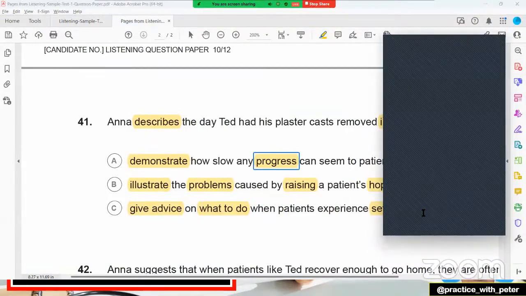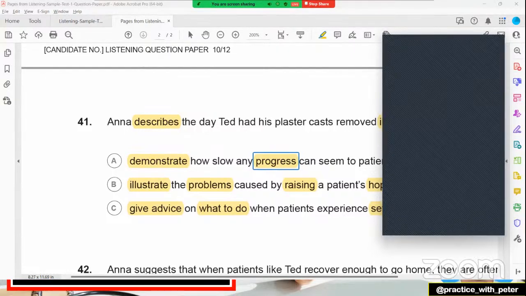Progress, advancement, enhancement, improvement, growth. Okay. The next one. Demonstrate, illustrate, all same. The next one is problem. Write down the synonyms of problems, difficulties, hindrances, obstacles, hurdles.